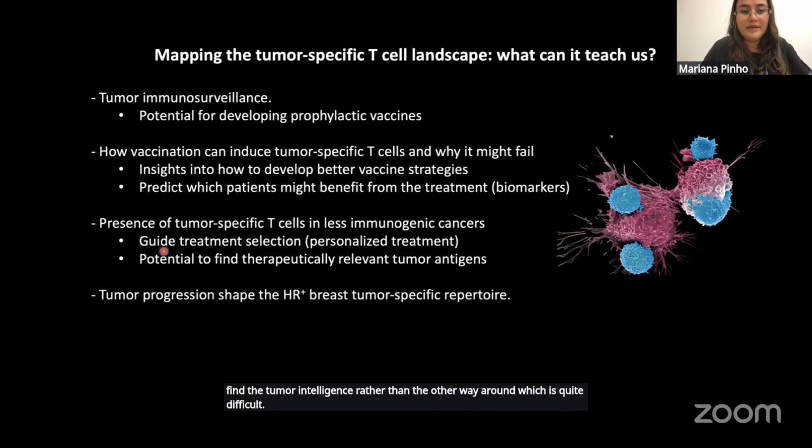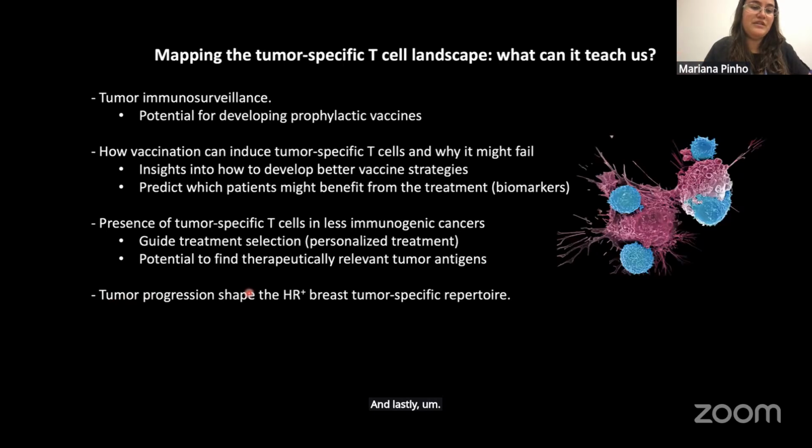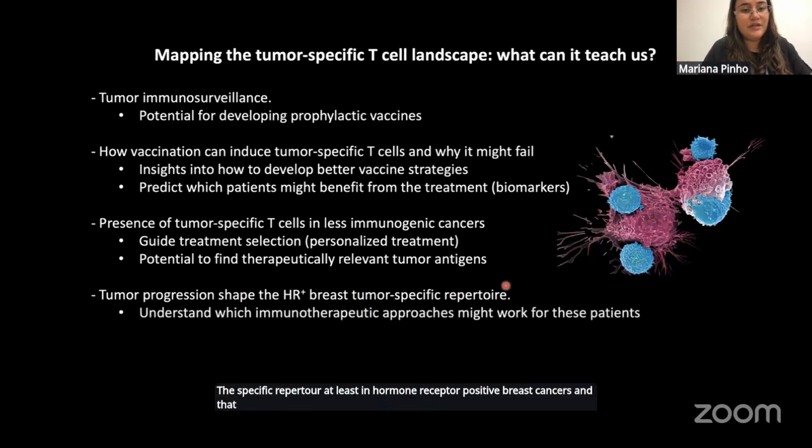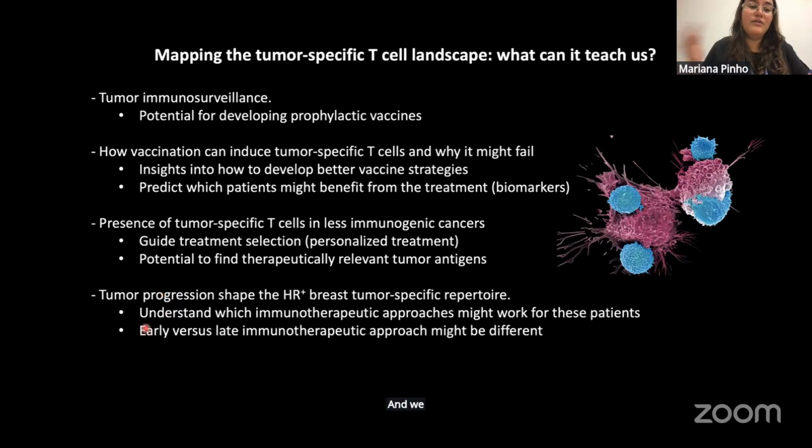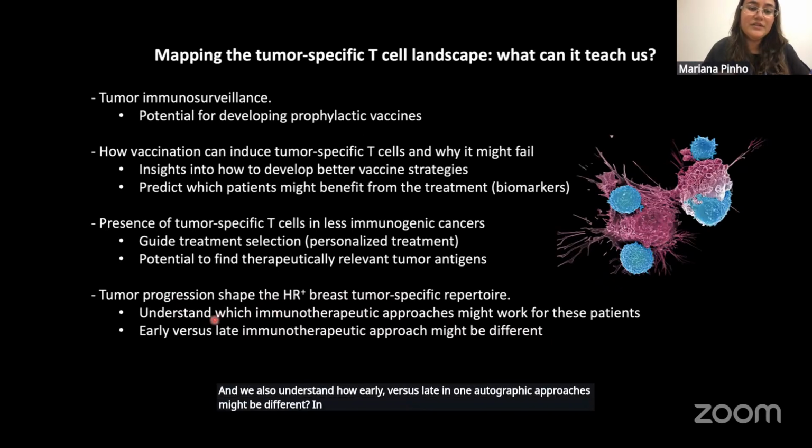And lastly, we do see that tumor progression shapes the tumor-specific repertoire, at least in hormone receptor-positive breast cancers. That is very important because we can now start to understand which immunotherapeutic approaches might work for these patients, and how early versus late immunotherapeutic approaches might differ in different patients.